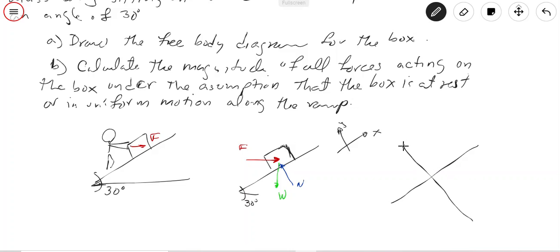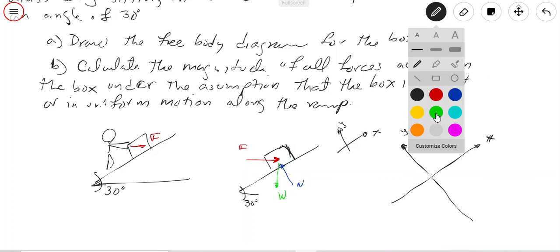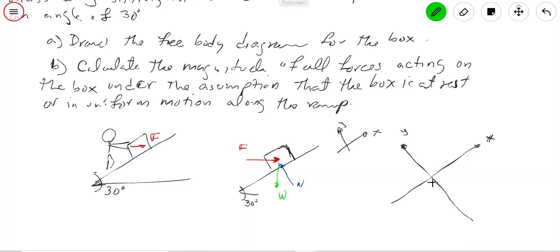We're representing my box now with a dot. So this is my y-axis, this is my x-axis. Okay, so I'm going to have the weight that is vertically down. The angle of the weight with respect to the y-axis here is 30 degrees, and then the weight has an x component.